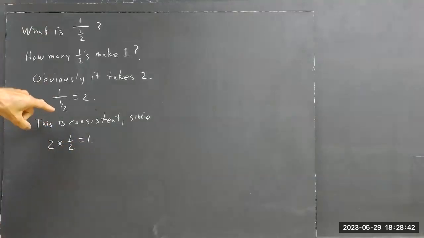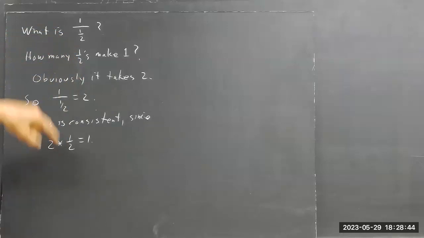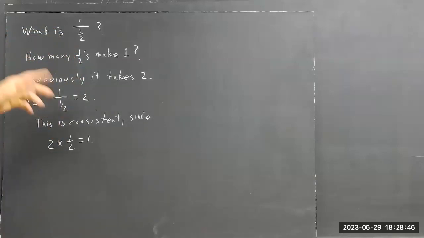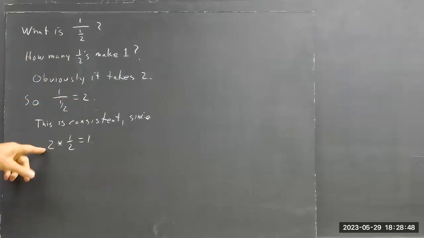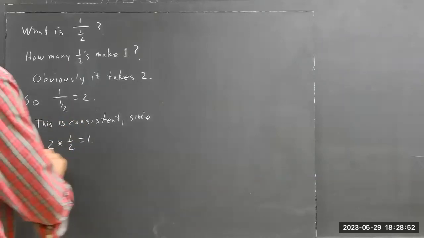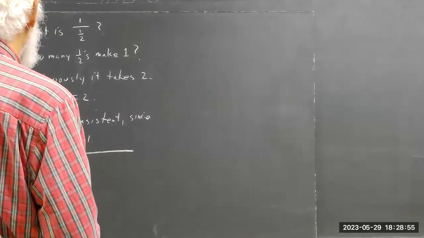If you multiply the divisor by the quotient, you get the dividend. In other words, 1 over 1/2 is 2 because it takes 2 1/2 to make 1. This is how you write it with numerical calculations.